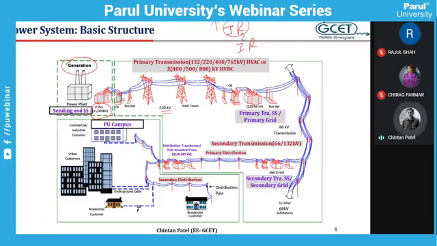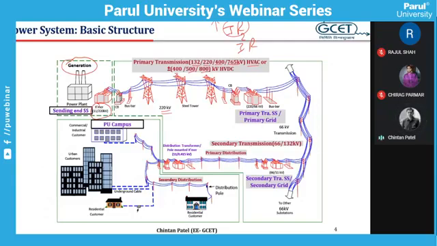Depending upon the requirement, the transmission line voltage may be 132 kV, 220 kV, 400 kV, or 765 kV in the case of AC transmission lines. If it is a DC transmission line, which is very popular nowadays due to some advantages, the voltage level may be plus minus 400 kV, 500 kV, and 800 kV.